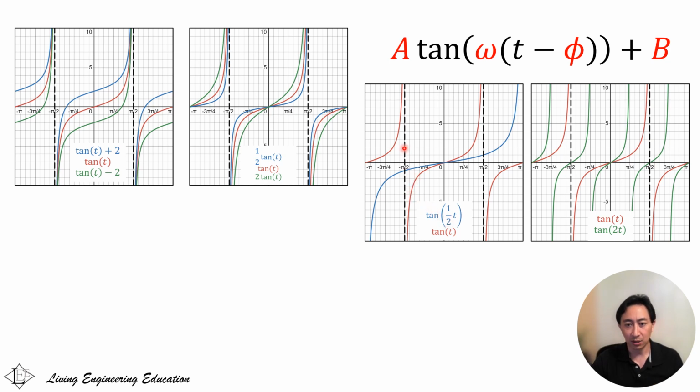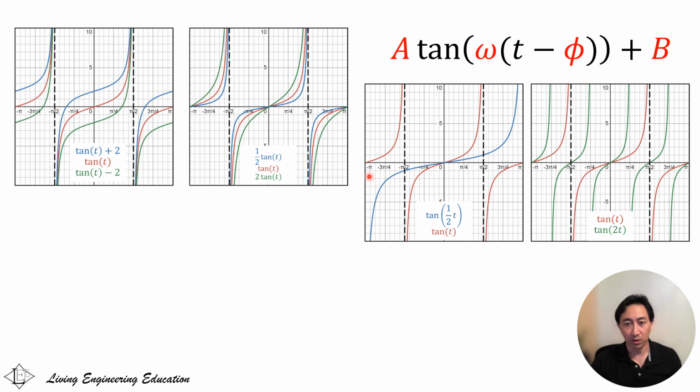And you can see that the vertical asymptote for the red graph, the baseline graph, was at negative pi over 2 and pi over 2. Now it's shifted. Now the period has expanded, right? So remember, the period T is 2 pi over omega. So it's over 1/2. So the period is doubled with this omega term.